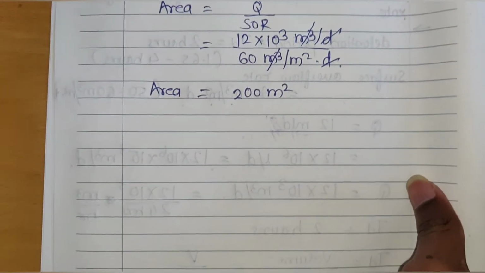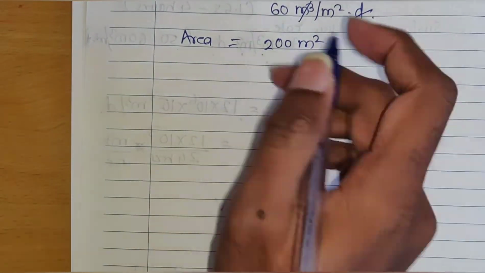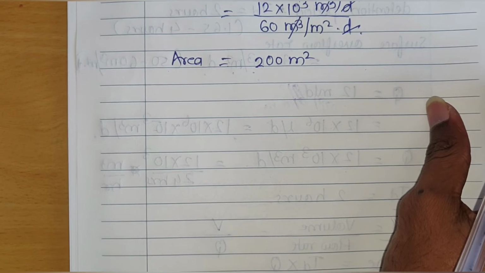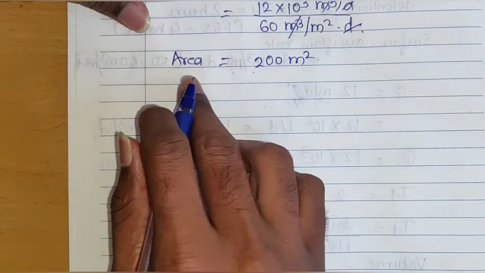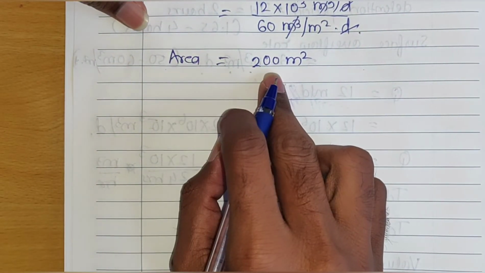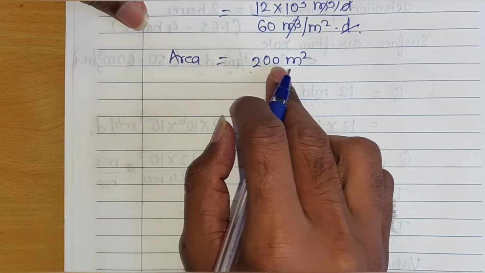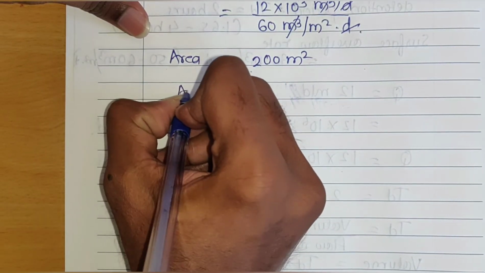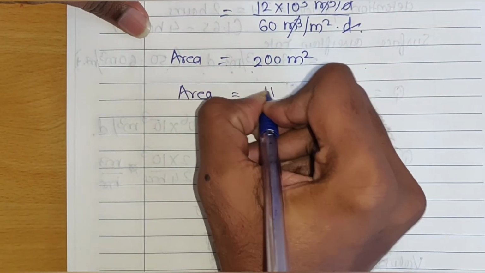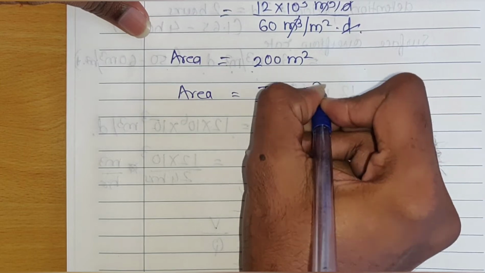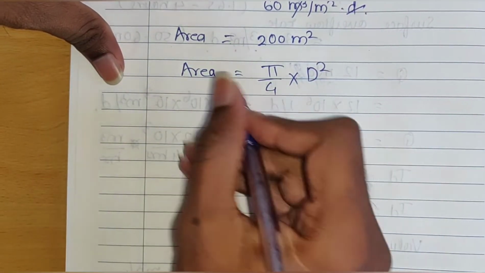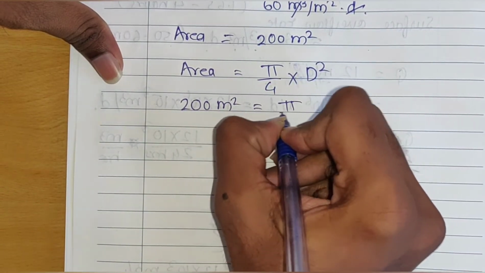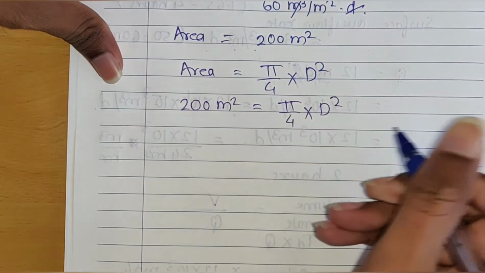Then here we have to design the primary settling tank of circular type. That's why this is the top view, or the top area. That's why we have to find the diameter of the settling tank. So area of circle is equal to pi by 4 into D square. D is the diameter and the area value is 200 meter square is equal to pi by 4 into D square.